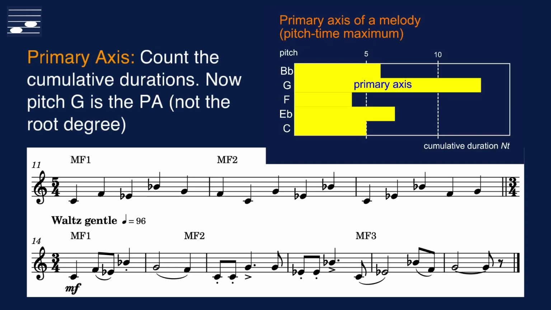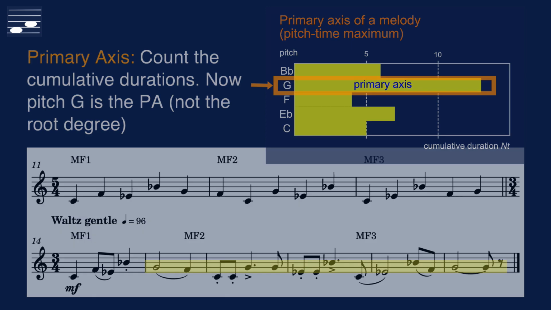Again, we look at the cumulative duration of each pitch in the scale, and this time the distribution is different. The clear winner is the pitch unit G, not the root degree. It is the fifth above the root that acts as the primary axis, the predominant pitch.